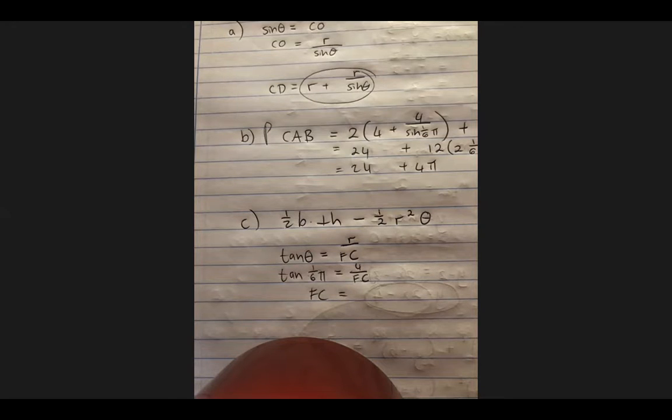I would love to know what FC equals. Let's type it into our calculators. Remember, you are in radians still. So we're going to say 4 over tan of 1 over 6 pi.